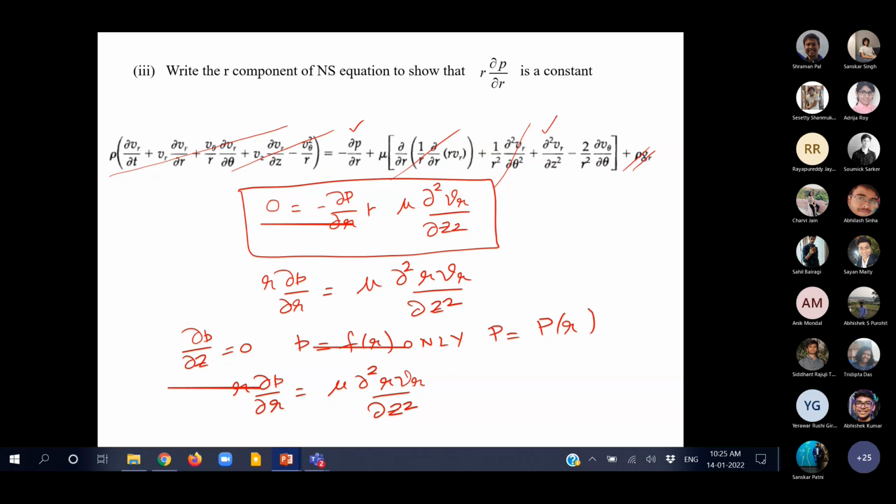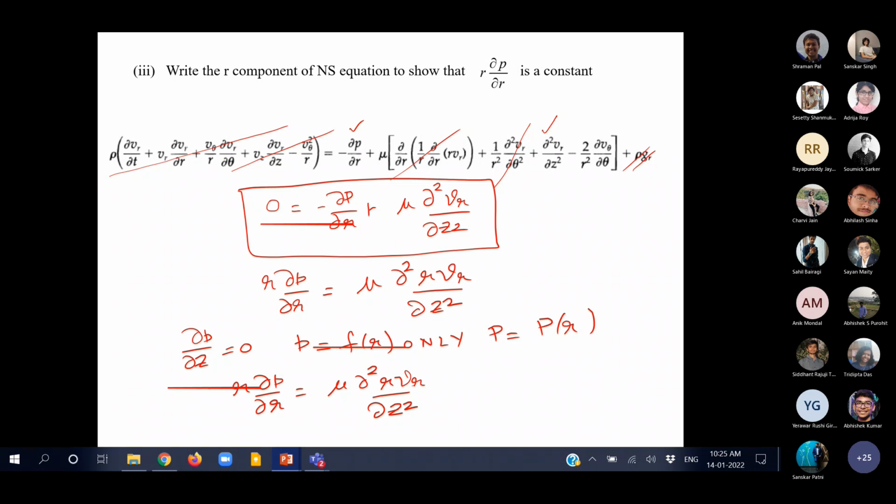Okay. If I look at the right hand side, is it a function of r? Is it a function of z? Or it could also be a constant. Doesn't matter. But can I say something about the right hand side? It's a function of z.